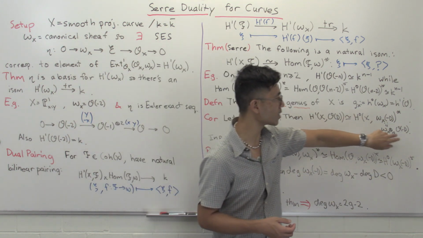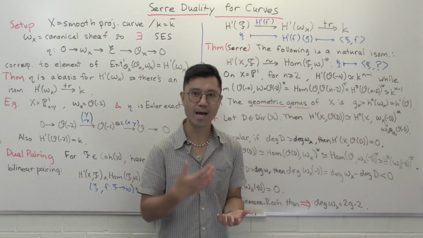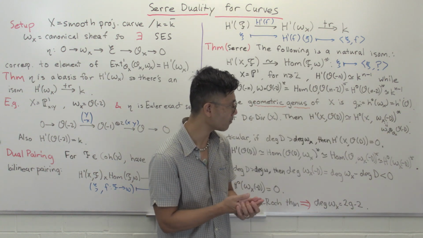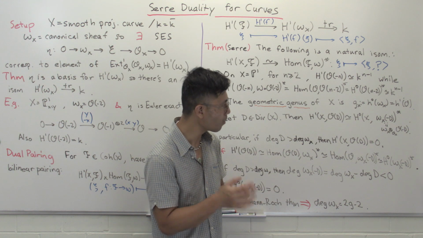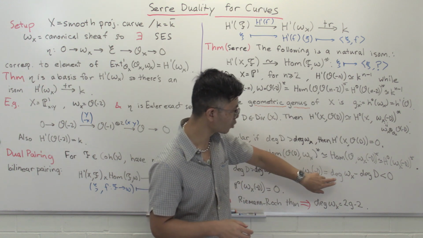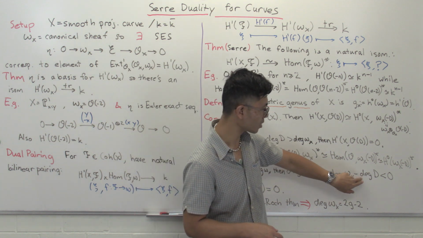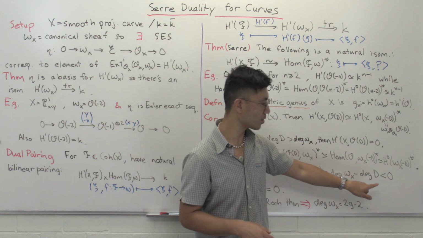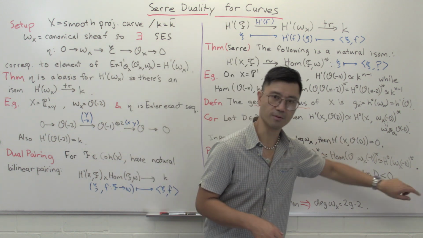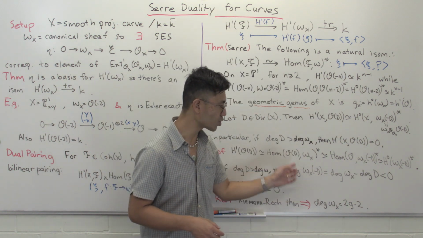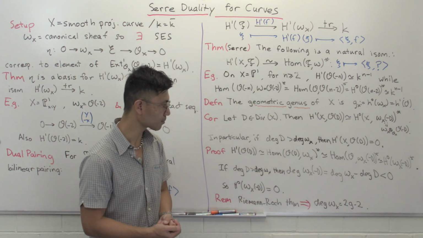That's the tensor product of these two, and remember, the degree is additive, it's a group homomorphism. So it's the degree of omega X plus the degree of O(-D), which just means you subtract the degree of D. And by assumption, the degree of D is bigger, so this is negative. So we have an invertible sheaf with a negative degree.